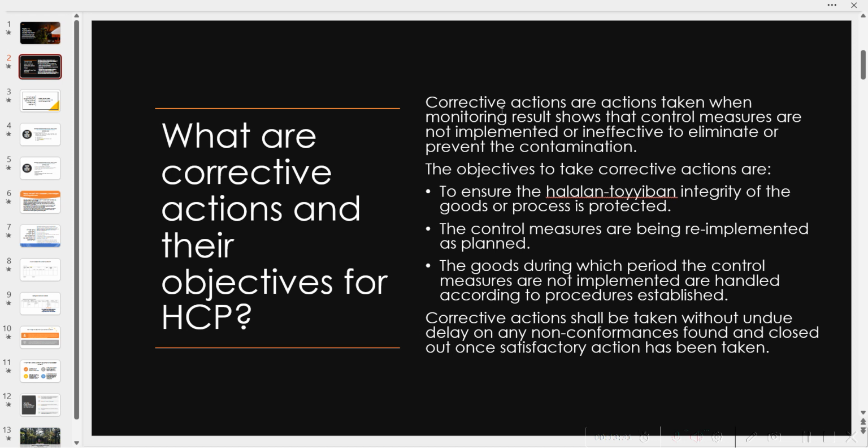In this case, your product affected by bacteria because of temperature, we call it abuse, can be reduced. So this is the information on corrective action. Tak boleh lambat-lambat, kena buat pada waktu tersebut. Okay, itu corrective action.